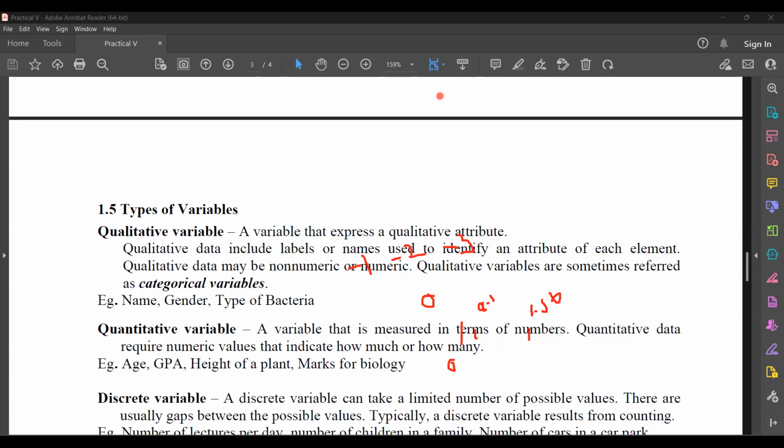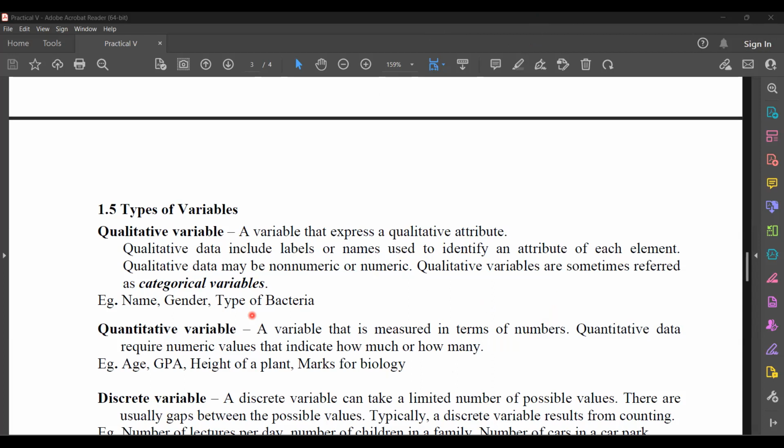In the continuous case, not like in discrete, you can take an uncountable number of values between any consecutive points. What is the meaning of that? For example, consider the variable weight of a student.